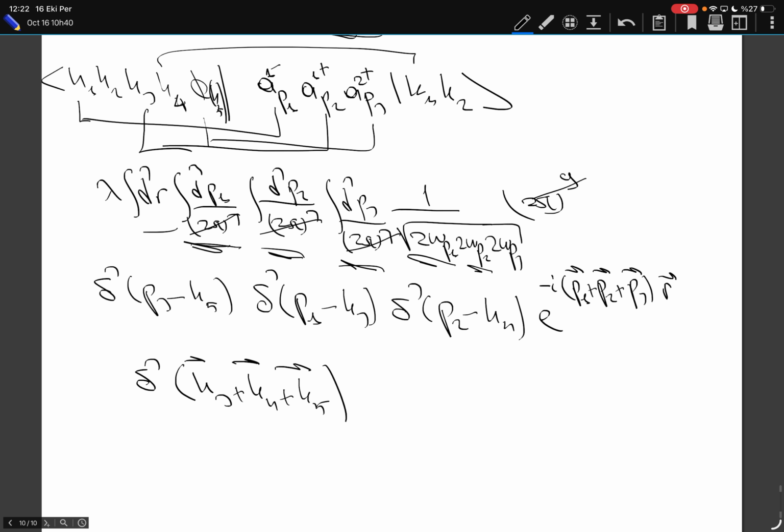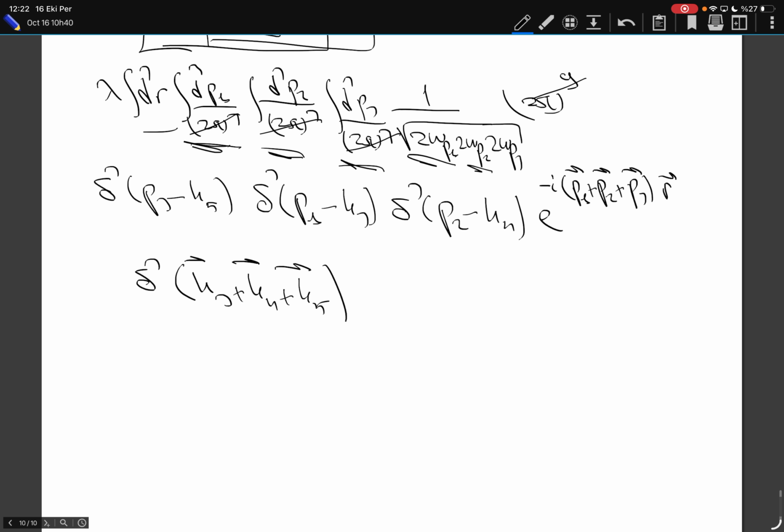This is what I will end up having. Then I have this state. I started with K1, K2, and then I had this state K1, K2, K3, K4, phi 2, K5.